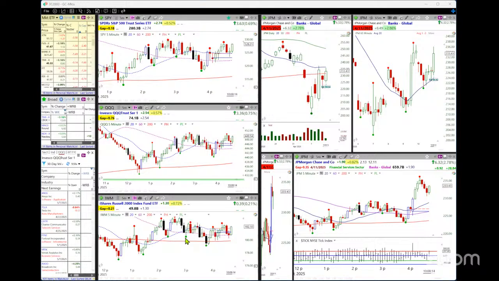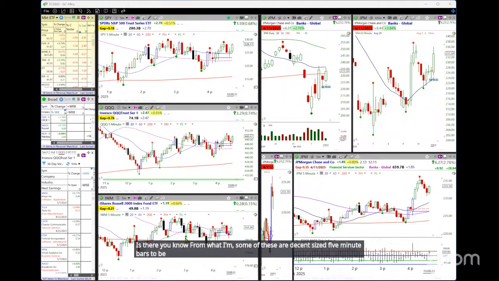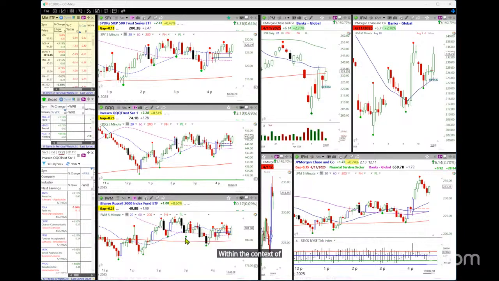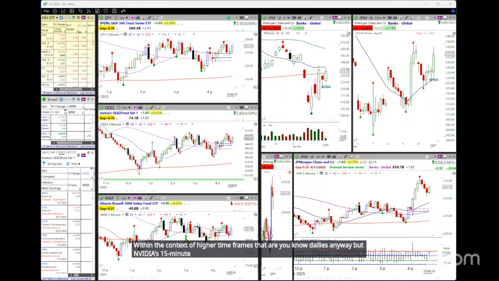Some of these are decent size 5-minute bars to be negating a red bar. And that can only be positive within the context of higher time frames, dailies anyway. But Nvidia's 15-minute chart, if it can clear these highs, there's a gap fill and maybe it gets up through the 20.